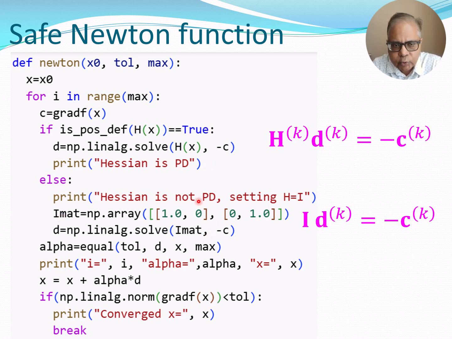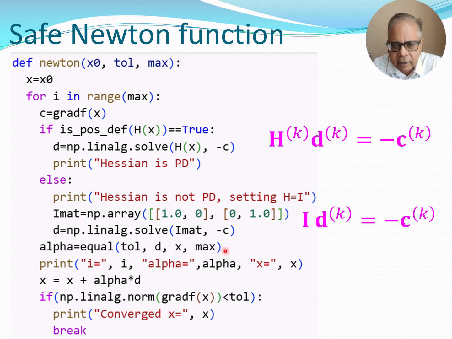So what this is doing is that it's doing Newton method as far as the Hessian matrix is positive definite, and when it is not, it is replacing the H matrix with I. Remember I is of course positive definite, and then it is using this method here. So we can say that it is actually going back to steepest descent for this particular step.